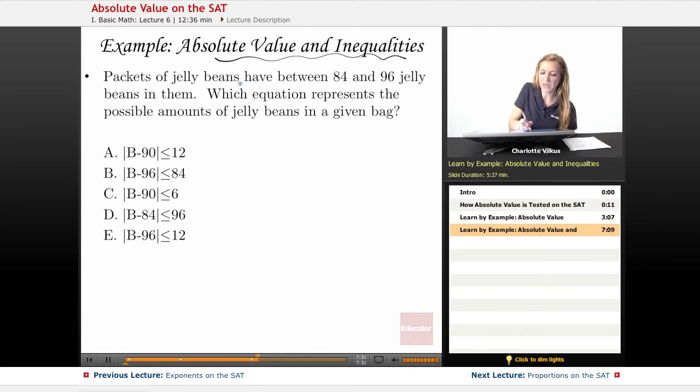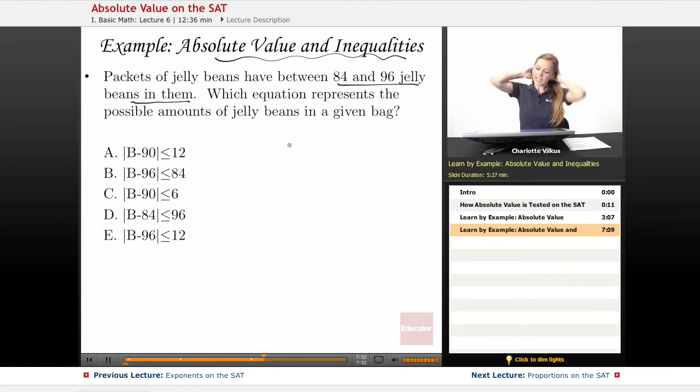So here we have that packets of jelly beans have between 84 and 96 jelly beans in them. We want to know which equation represents the possible amount of jelly beans in a given bag. So if I have just a bag of them, I can use this equation to figure out about what the range should be.